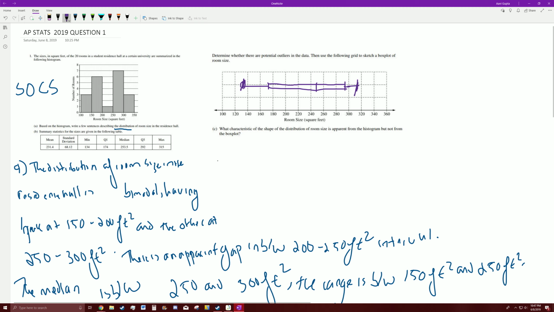So we can say C, the bimodal nature of the data. No, follow the wording of the question: is only apparent in the histogram.